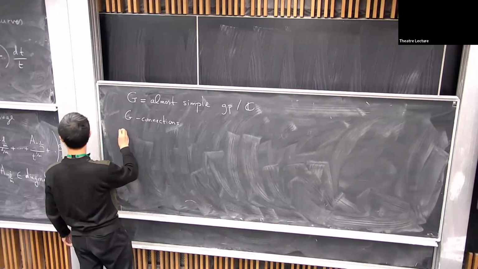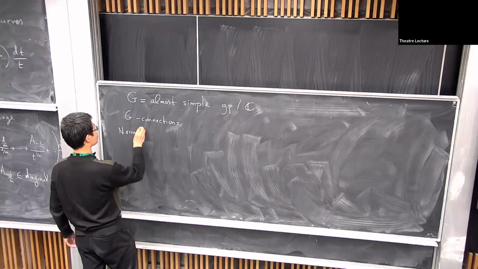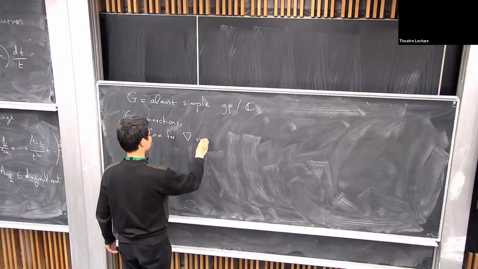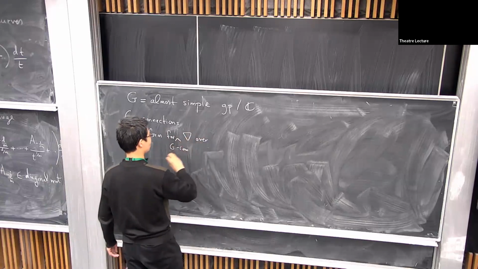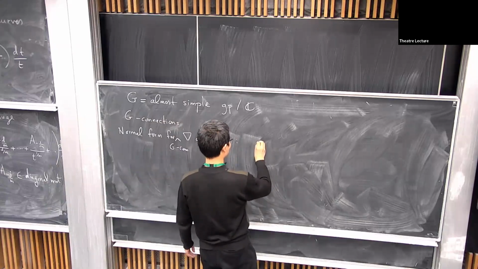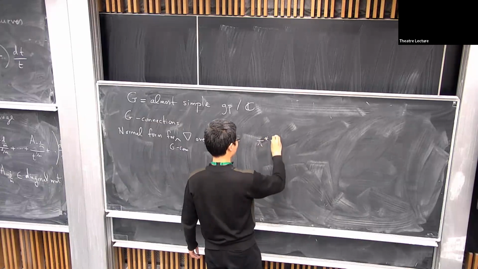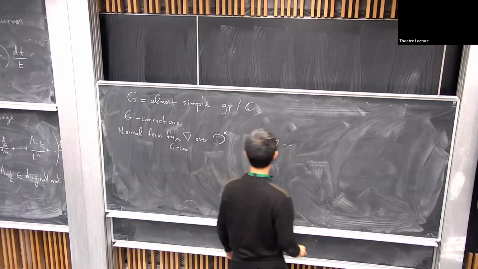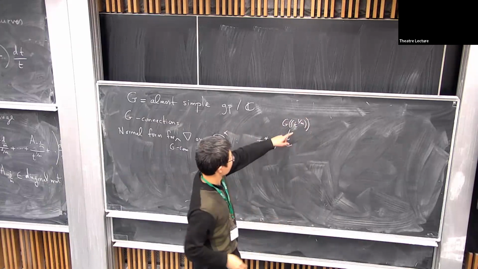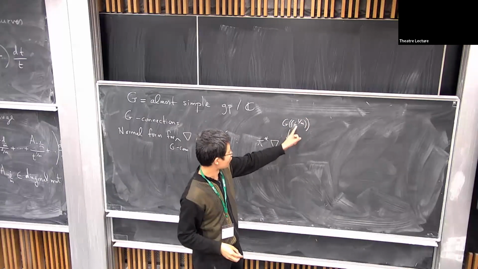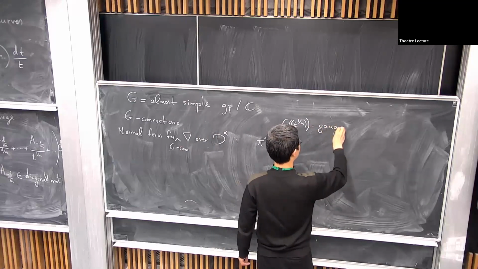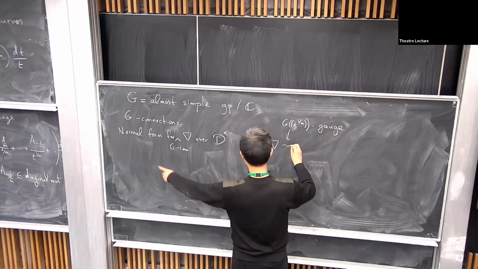The normal form also holds for G-connections over a punctured disk. It says up to some cyclic pullback, you can formally gauge transform. Now the gauge transformation is using an element in the loop group of G with this parameter that's the root of t. Gauge it to something similar.